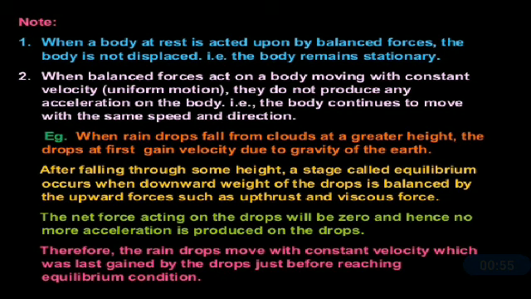The net force acting on the drops will be zero because both the forces are in opposite direction, and hence no more acceleration is produced on the drops. Therefore, the raindrops move with constant velocity, which was last gained by the drops just before reaching the equilibrium condition.